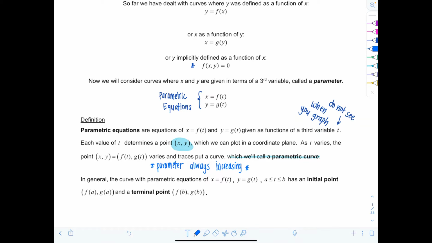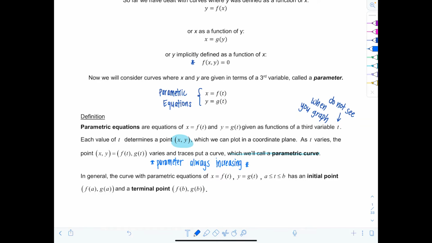So in general, the curve with parametric equations x equals f of t, y equals g of t, and t between a and b has an initial point f of a, g of a, and a terminal point f of b, g of b. If no limits or bounds are given on the parameter t, then you can assume that it takes on any value within the domain of the parametric equations, x and y.